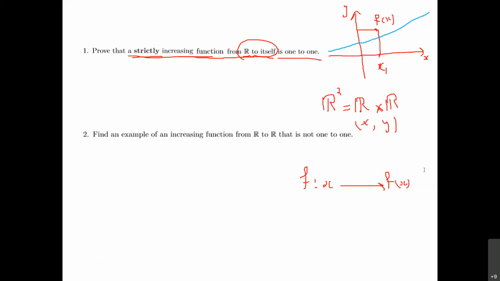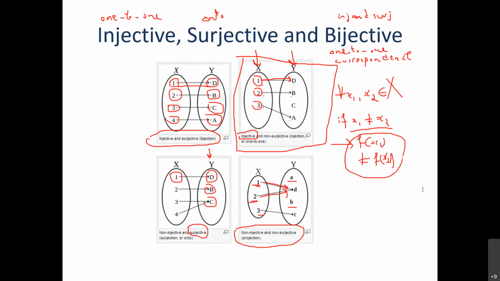Okay, let me answer this question. 3 and 4 in figure 3 point to the one element though. Yes, that's okay, because in image 3, we only care that the function is surjective. So all these, D, B, and C, they all have pre-images pointing at them.